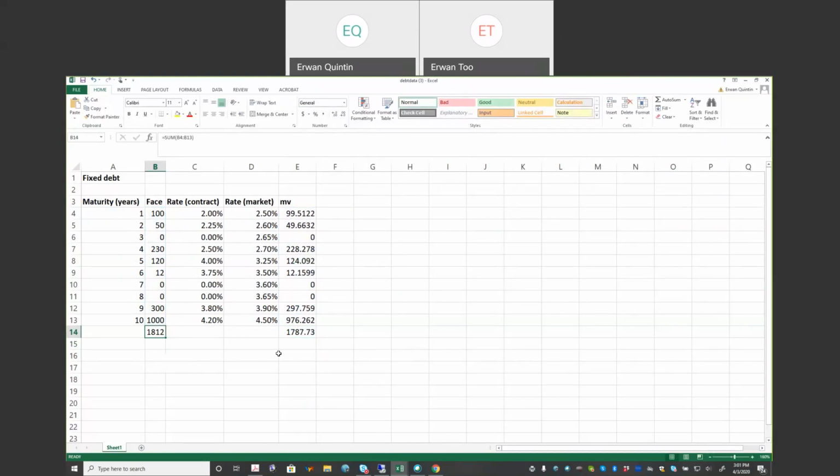What you want to do is discount all the payments associated with each and every piece of debt that a corporation has at the market rate. Now, here's the problem. In practice, you're never going to have data like this. Never. A corporation, even a public corporation, is not going to make it easy for you to find out about each and every piece of debt that it has.